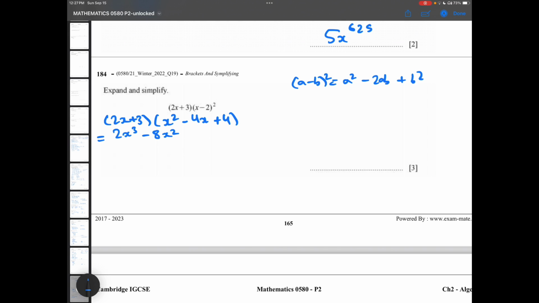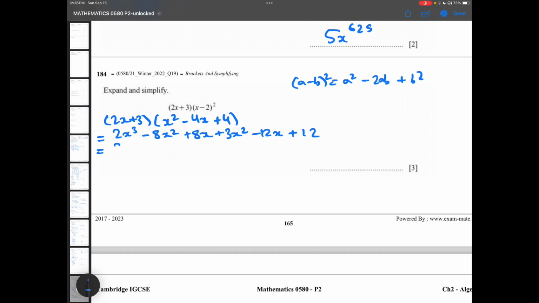Then 2x multiplied with plus 4, we get plus 8x. Now we'll multiply 3 with the whole bracket. First 3 with x square, we get 3x square. Then 3 multiplied with minus 4x, we get minus 12x. And then 3 multiplied with 4, we get plus 12.